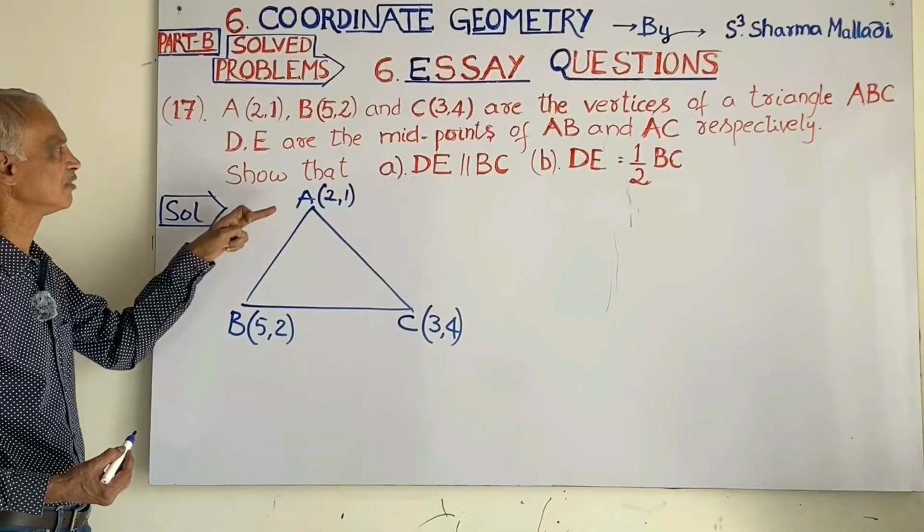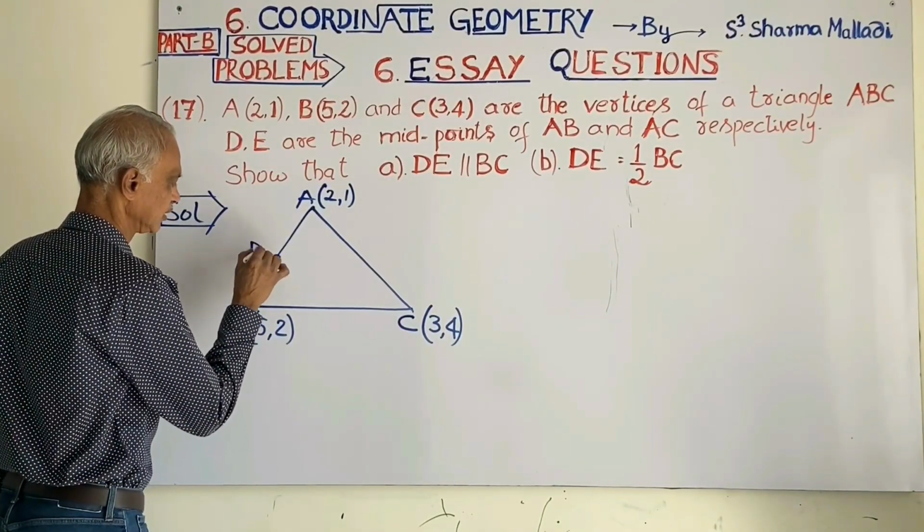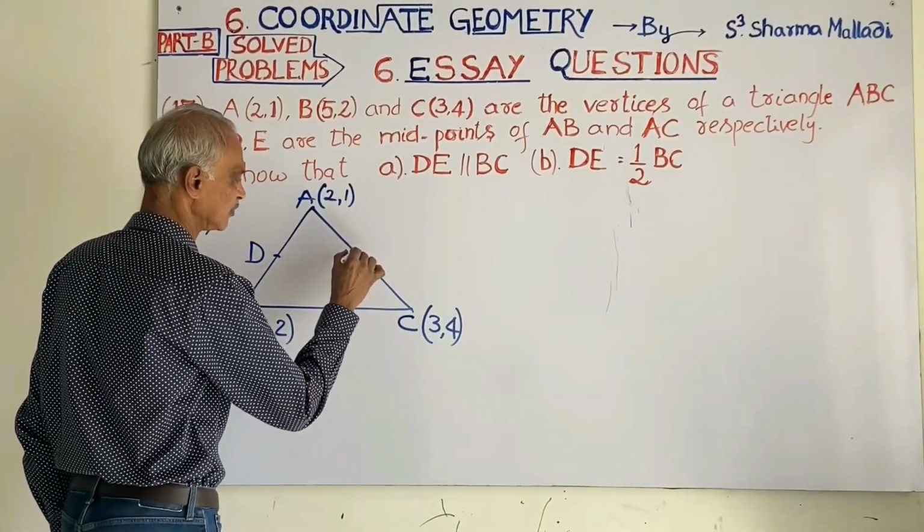D is the midpoint of AB, and E is the midpoint of AC.